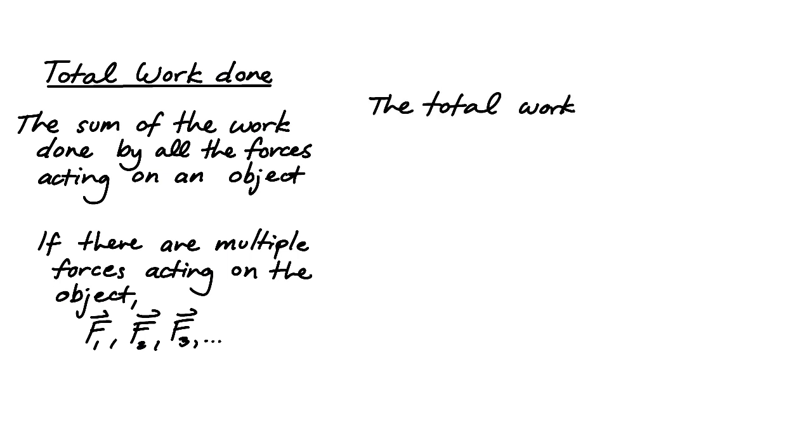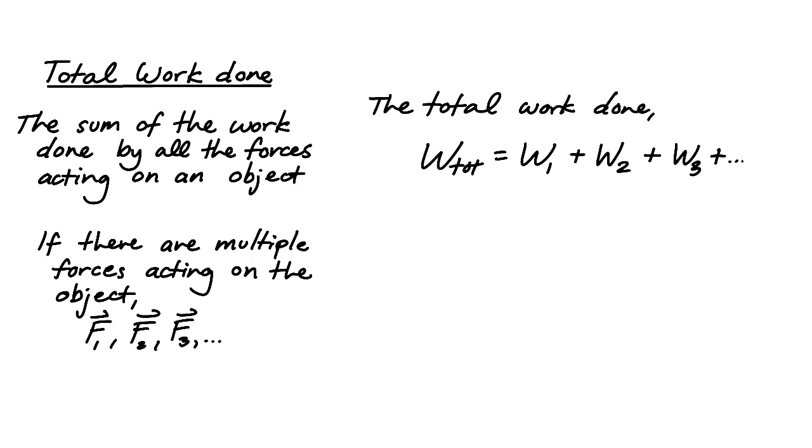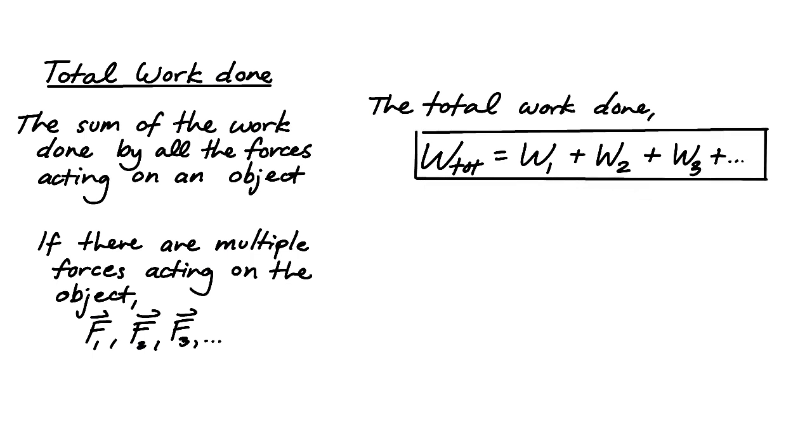Then the total work done on your object is simply the sum of the work done by each of the forces. So you solve for the work done by force 1, add to that the work done by force 2, add to that the work done by force 3, and so on. So add lang natin yung work done ng lahat ng forces that is acting on the object.